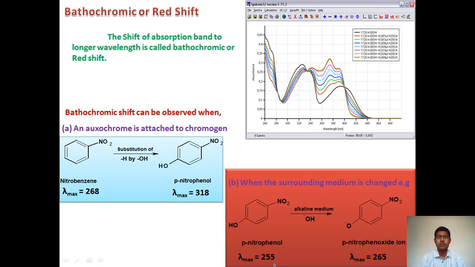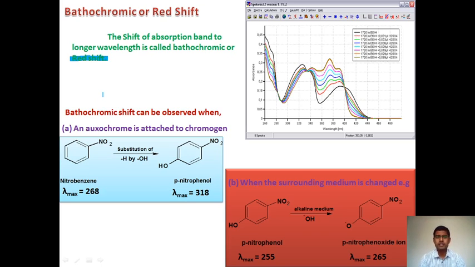For example, if a compound absorbs at 250 nanometer and after insertion of an auxochrome it absorbs at 300 nanometer, that means your absorption band is shifted towards longer wavelength. Such a shift is called bathochromic or red shift.